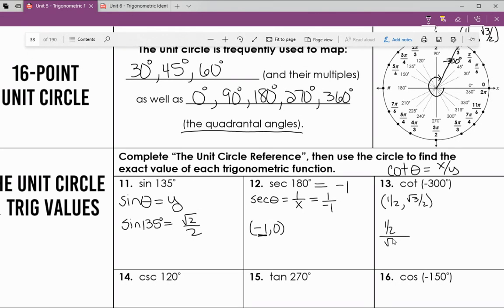We're going to divide that by radical 3 over 2. Now, I'm going to show you the math, then I'm going to show you the shortcut, okay? So 1/2 divided by radical 3 over 2 turns into 1/2 times 2 over radical 3. The 2's will cancel, and I end up with 1 over radical 3.